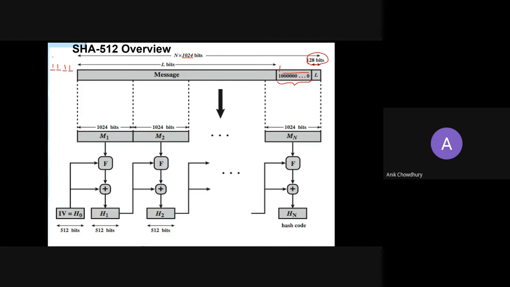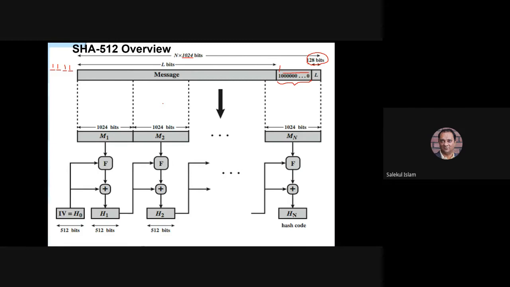Okay, so if I give you a space to write a length, and that space is always fixed, then the maximum value you can write on that space is the maximum allowable size of that message. That's why here I have given you 128 bits. So the maximum value you can write here will be all ones, which means 128 ones.